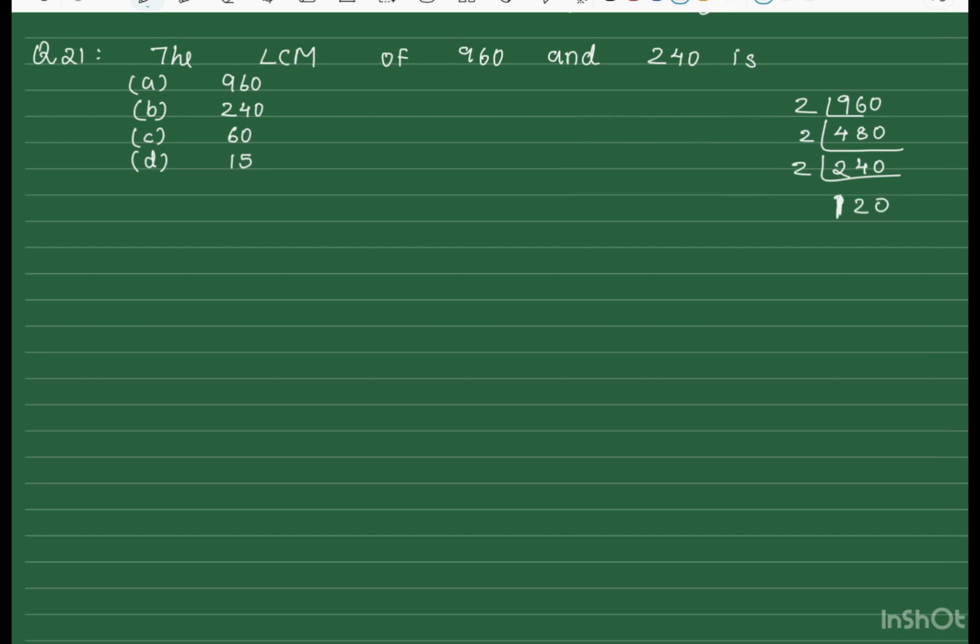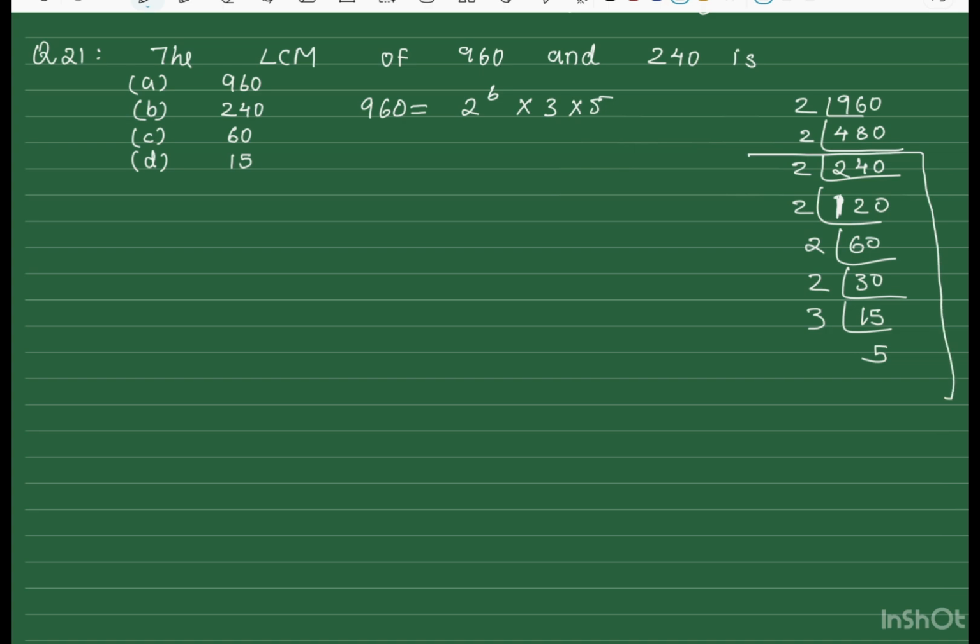240, again by 2 we get 120, again by 2 we get 60, by 2 30, by 2 15, by 3 5. So the factorization of 960 is 2 to the power 6 into 3 into 5. For 240 we get 2 to the power 4 into 3 into 5.